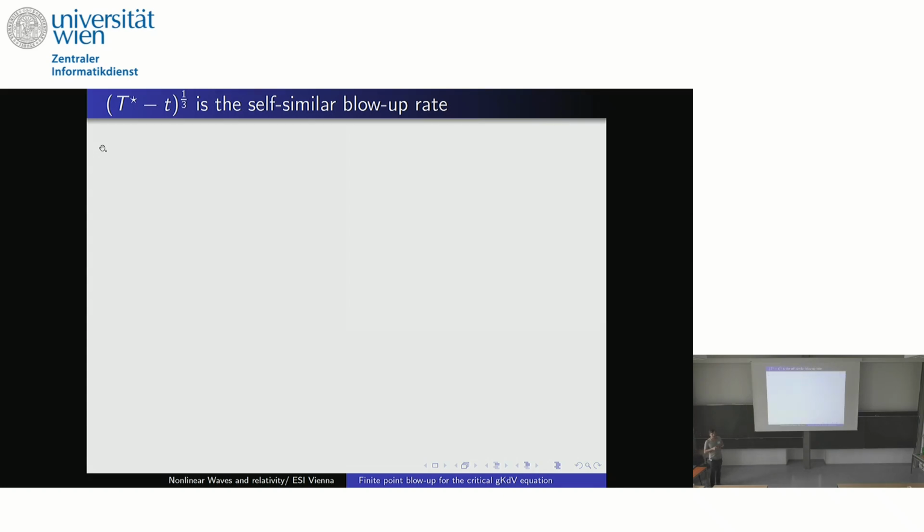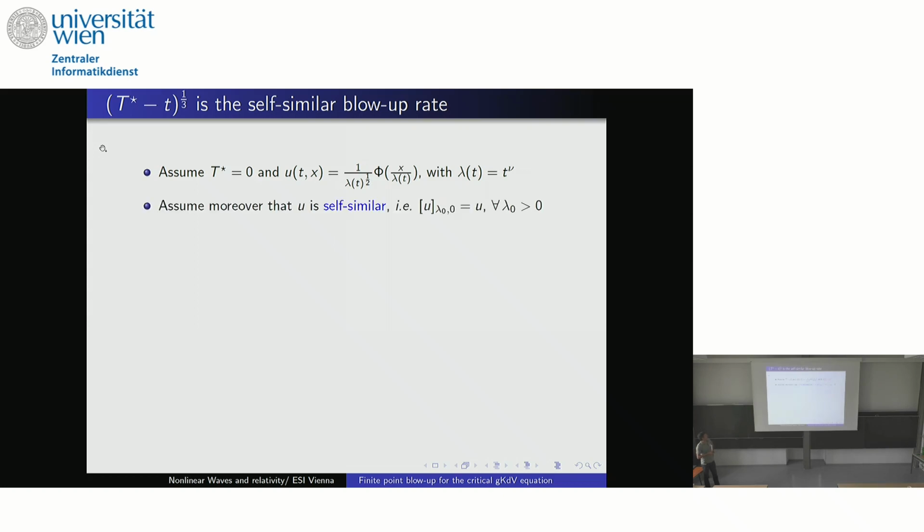Here it's just a very heuristic computation where I try to convince myself why 1/3 should be the self-similar blow-up rate, just by taking a profile which I rescale, and I rescale at a power t to the power nu. So saying that it is self-similar means that every rescaling of this solution should be a solution.